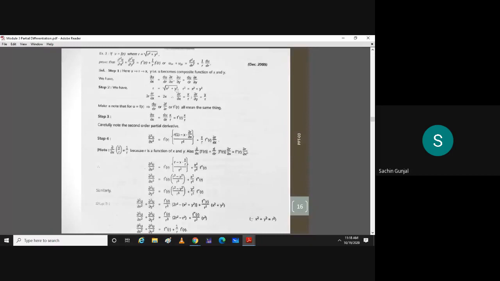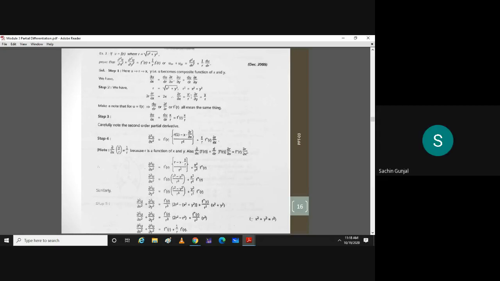If you square on both sides, r square becomes x square plus y square, and you differentiate it with respect to x. So it will be 2r ∂r/∂x, which is equal to 2x. So ∂r/∂x is x by r. Similarly, ∂r/∂y is y by r. Is this second step clear? Yes, sir. Okay, fine.